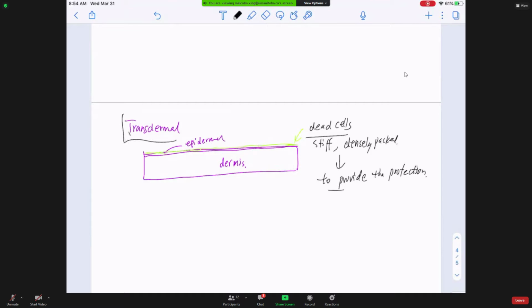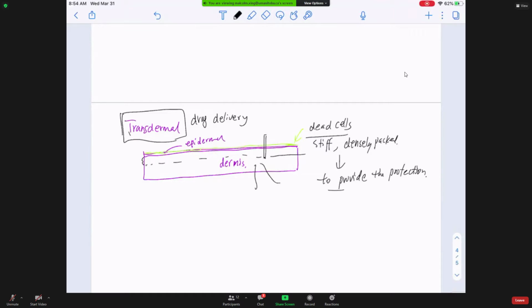Transdermal drug delivery is based on needing to penetrate this part. That's what we call transdermal. So you penetrate the keratinocyte layer and the epidermis, and go to the dermis, but only a little bit into that dermis layer.